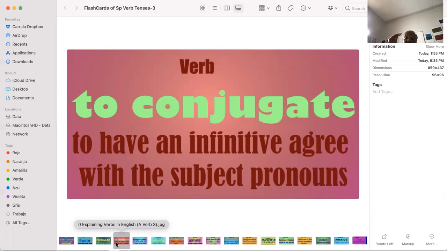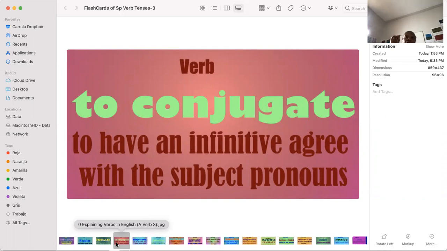Now we're going to put that verb with its subject pronouns to see how it agrees. In English, it's very easy. It's I, you, we, they talk. So I talk to my mother, you talk to my mother, they talk to my mother, we talk to my mother, okay?